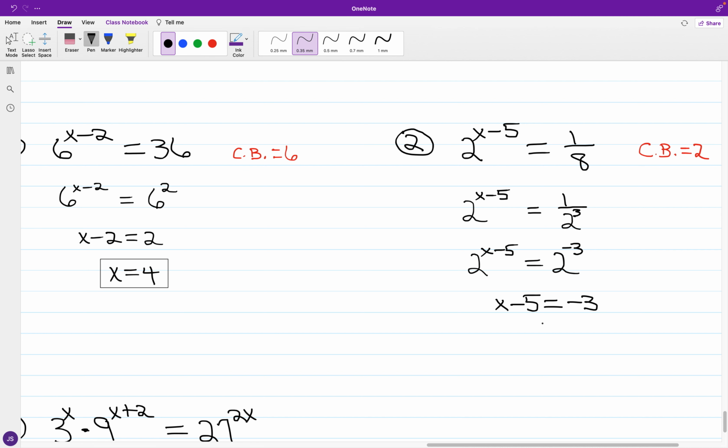So you have x minus 5 is equal to negative 3. And in solving for x, if I add 5 to both ends, we're going to end up with x equal to 2.